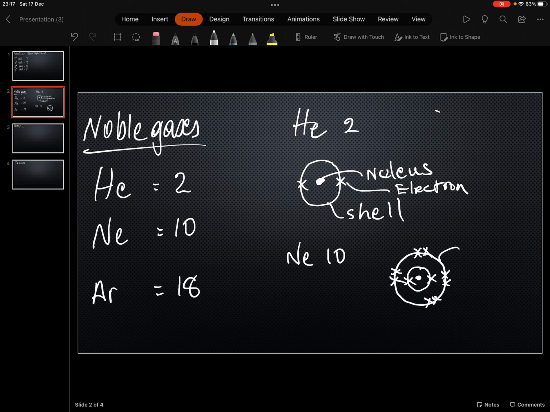This is the outermost shell, and it's got a maximum of 8 electrons there. The electronic arrangement is 2, 8. You add them up, you should get 10.